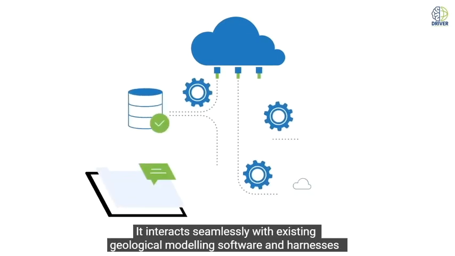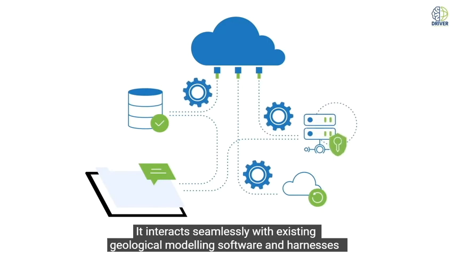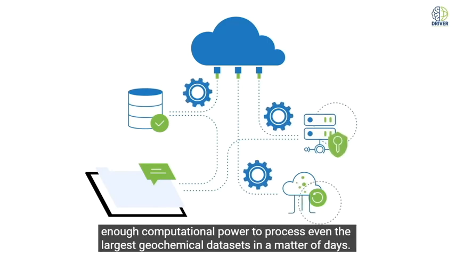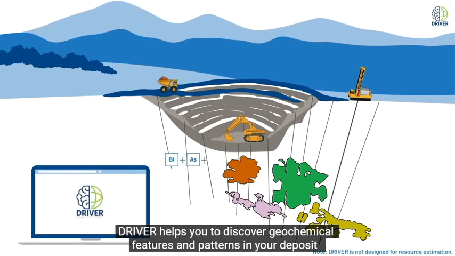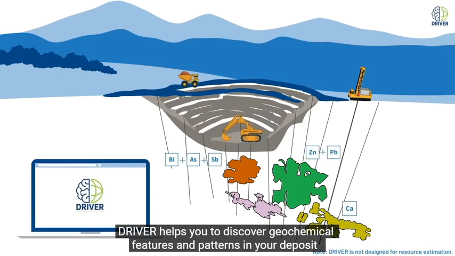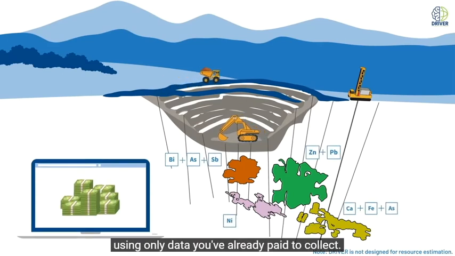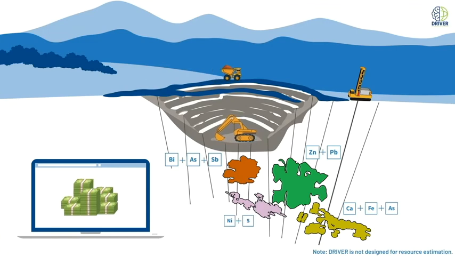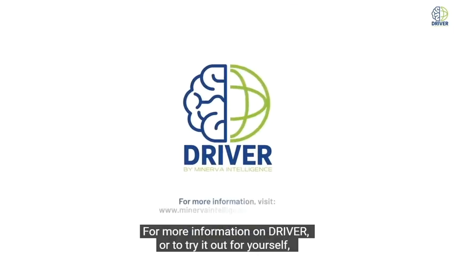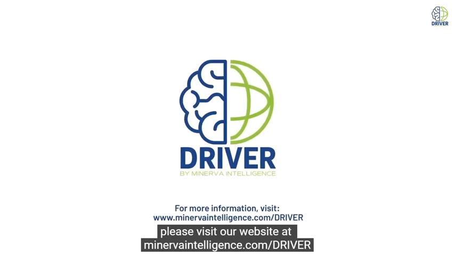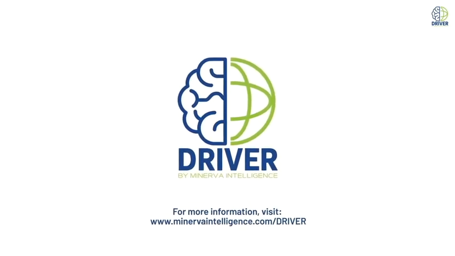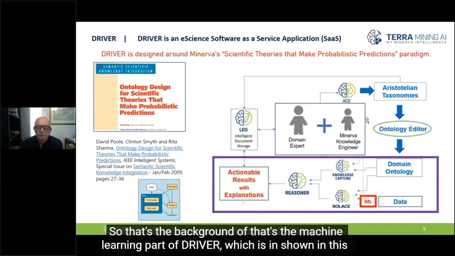It interacts seamlessly with existing geological modeling software and harnesses enough computational power to process even the largest geochemical datasets in less than a day. Driver helps you to discover geochemical features and patterns in your deposit using only data you've already paid to collect. For more information on Driver or to try it out for yourself, please visit our website at minervaintelligence.com/driver.